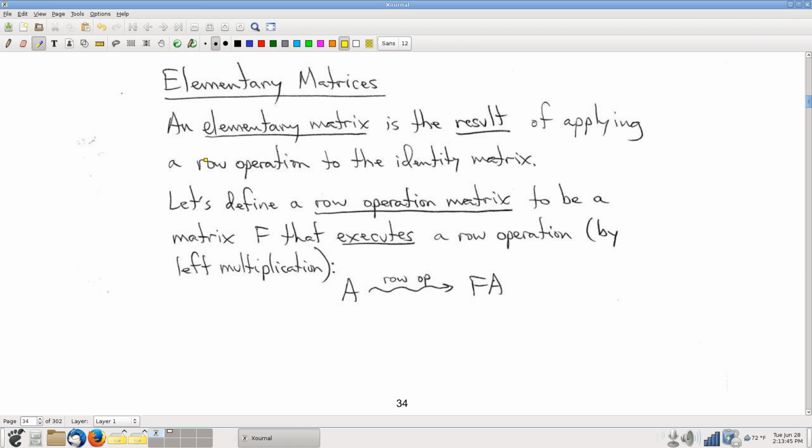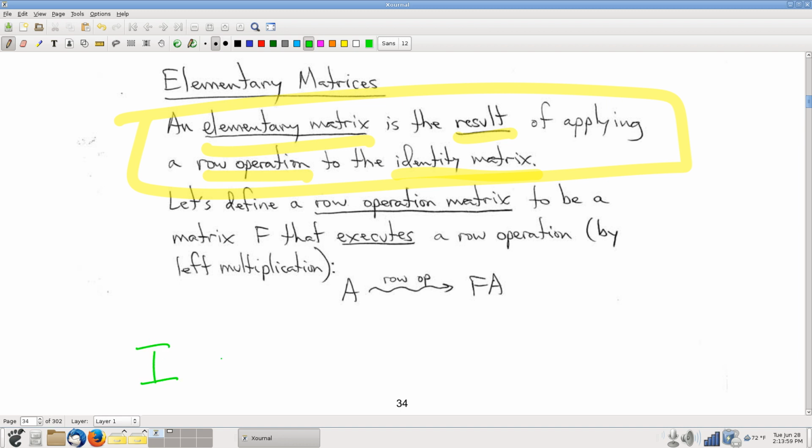So first, the definition. An elementary matrix is the result of applying a row operation to the identity matrix. So in particular, start with the identity matrix. You apply one row operation.